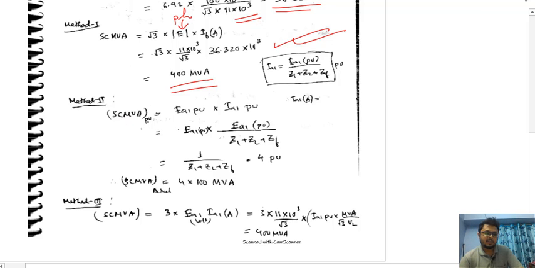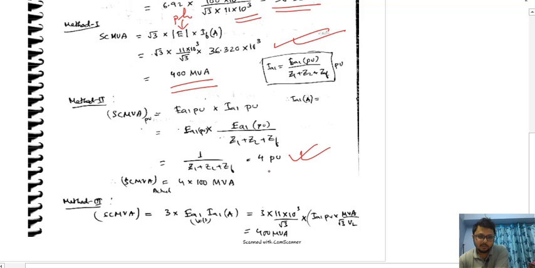Next, short circuit MVA per unit is EA1 per unit into IA1 per unit. EA1 per unit is 1, because in per unit whenever you consider voltage it is considered as 1. IA1 per unit is also 1 by Z1 plus Z2 plus ZF, that is 0.1, 0.1, 0.05.